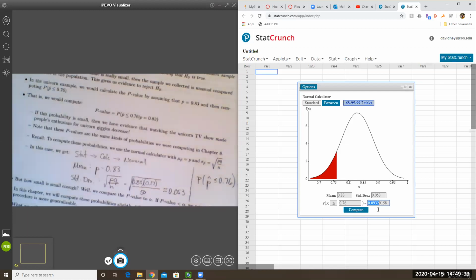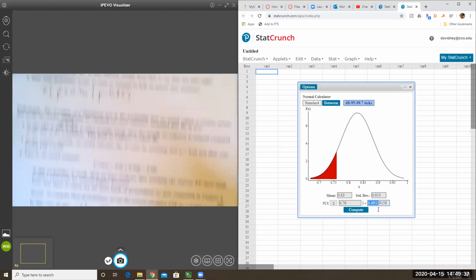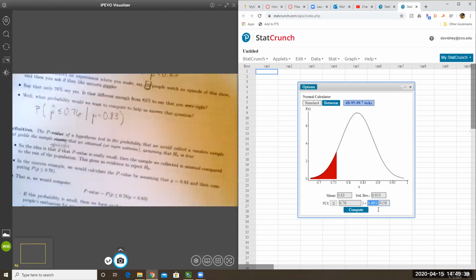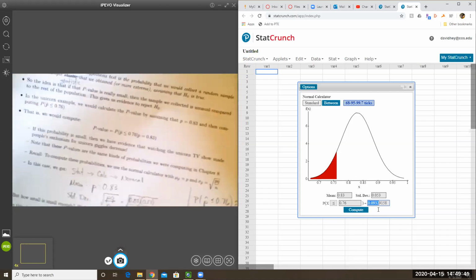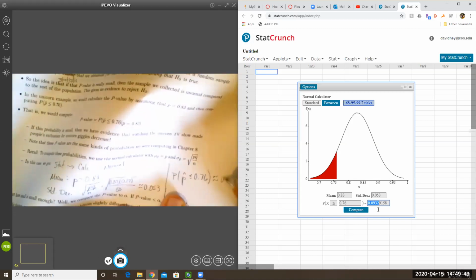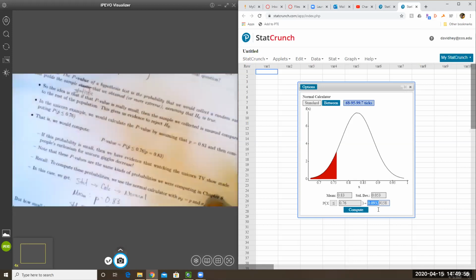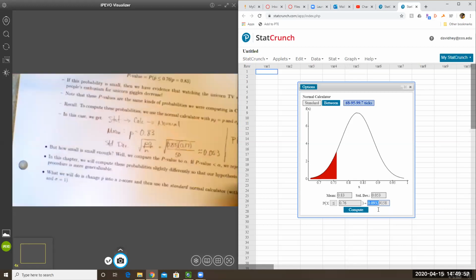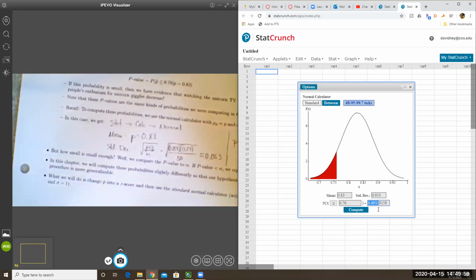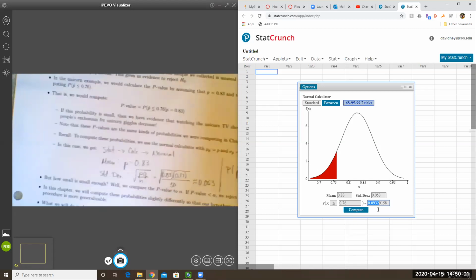It's about 0.0933. So that's that one, right? So our p-value is 0.0933.